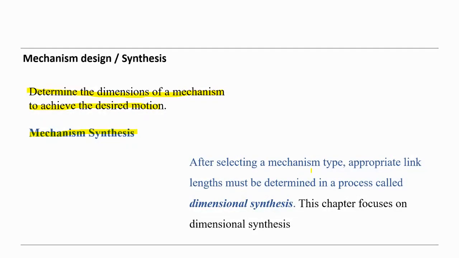So after selecting a mechanism type, but we should also estimate which type of mechanism is suitable for our task, for our desired motion. So after selecting a mechanism, that's the reason why we have to select the type of the mechanism. So appropriate link lengths must be determined in a process called dimensional synthesis.